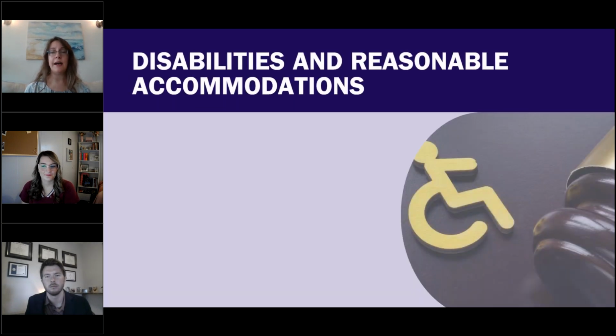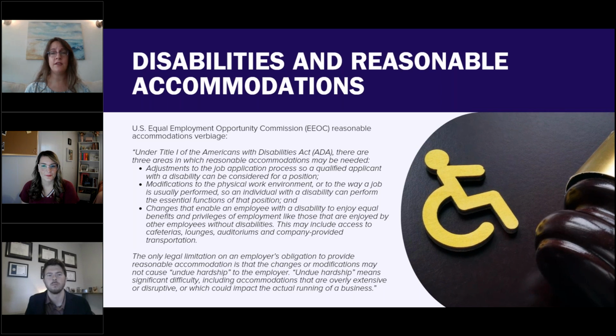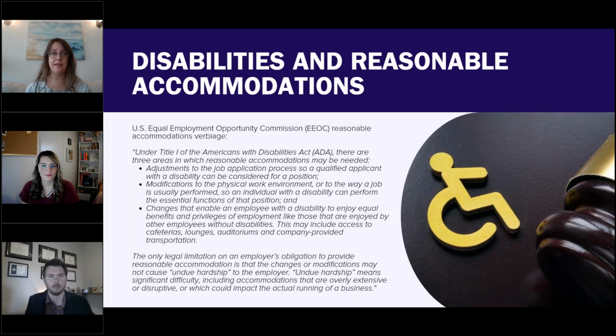The EEOC abides by certain text when discussing reasonable accommodations. That means every employer must abide by that. That verbiage is now on the current slide, and we'll be providing a link to a more condensed version in the chat window. Your employee handbook should include a reasonable accommodation policy that, in addition to offering reasonable accommodations for disabilities, also makes accommodations for religious practices and sincerely held religious beliefs.